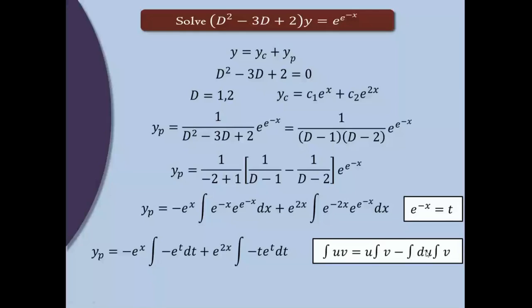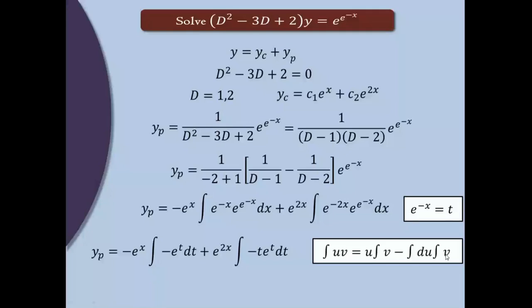So in this, choose u as t and v as e raised to t, because the derivative of t becomes 1 and then the rest of the part becomes easy to calculate. So taking u as t, it is t into integration of e raised to t minus integral of derivative of t times integration of e raised to t. Integration of e raised to t is e raised to t again.